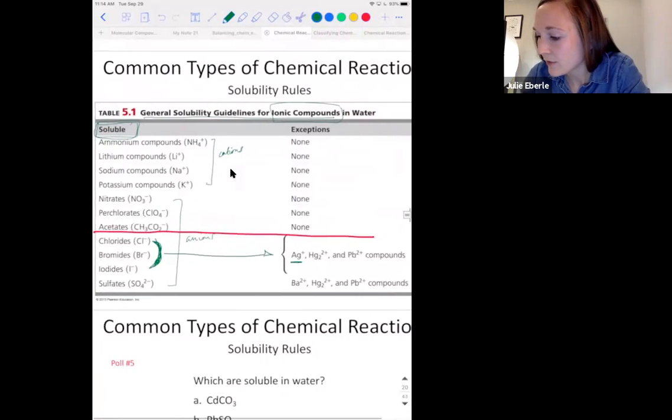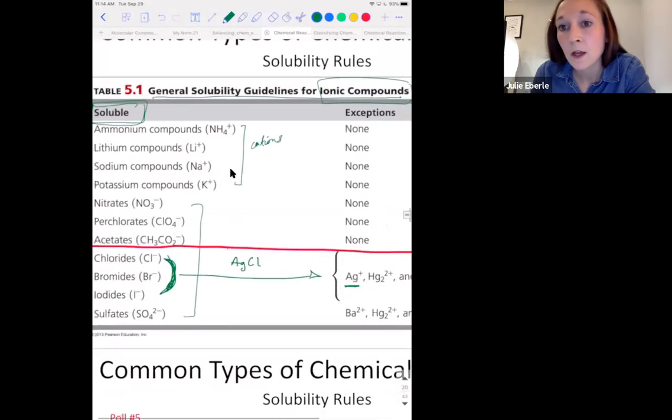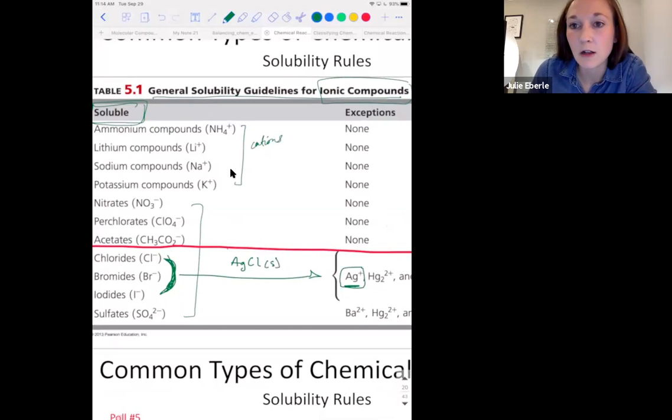So for example, if I have the compound AgCl, I have to write the cation first. Normally, something with chloride as an anion is soluble. However, because it's combined with silver, and silver is an exception, silver chloride would be a precipitate. It would form a solid.